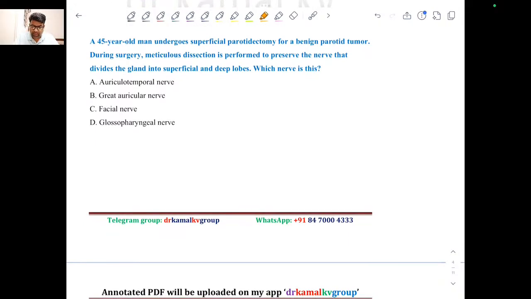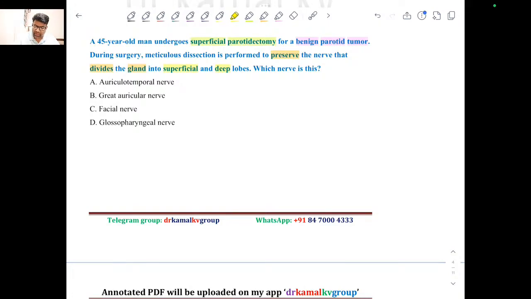Now, taking the first question, a 45-year-old man undergoes superficial parotidectomy for a benign parotid tumor, most likely a pleomorphic adenoma, and during surgery, meticulous dissection is performed to preserve the nerve that divides the gland into superficial and deep lobes.